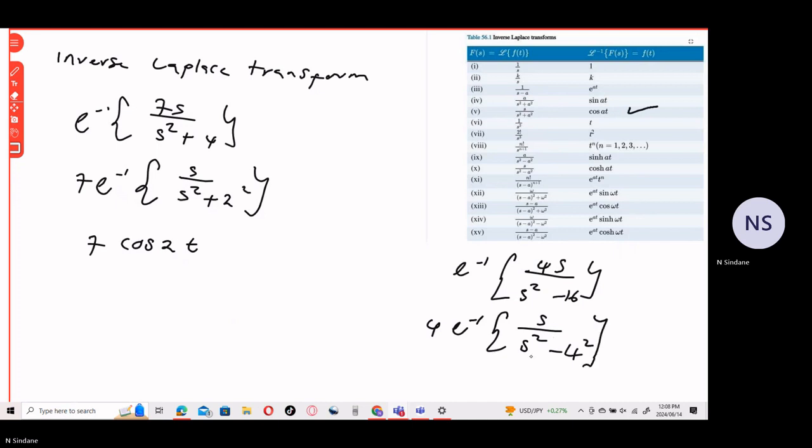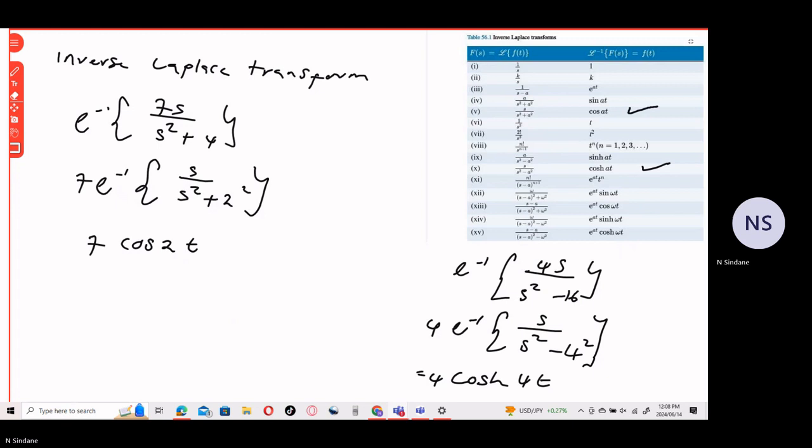This is related to cosh. Then my solution will be 4 cosh, or hyperbolic cos, of 4t. That is my solution, or my inverse Laplace of 4s over s squared minus 16.